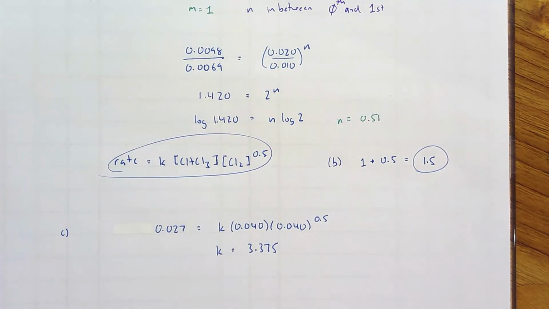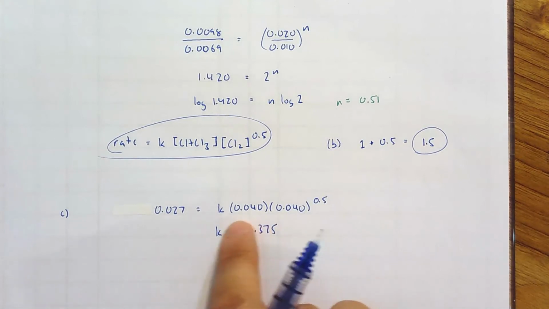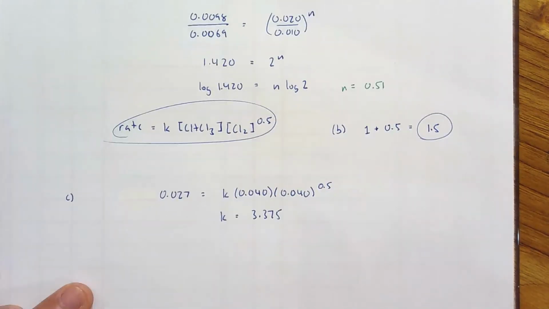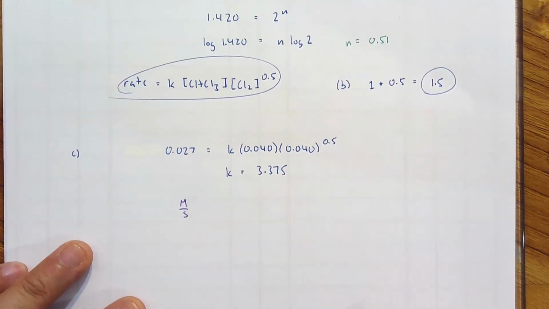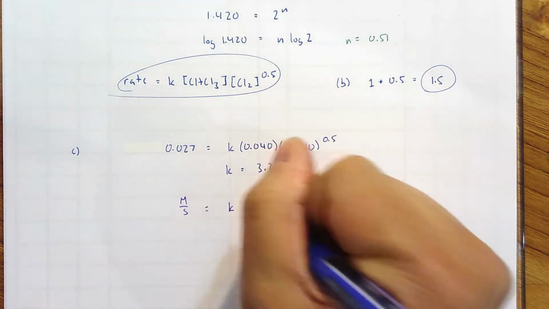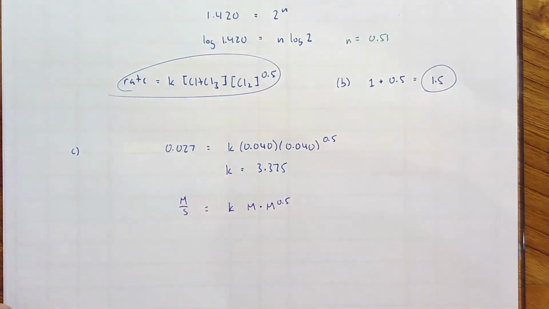Oh, man. The units. Oh, this is more challenging than I thought. I wasn't prepared. The units will be kind of difficult. Well, if you think about it, you have on the left-hand side molarity per second equals some K times molarity raised to the 0.5.